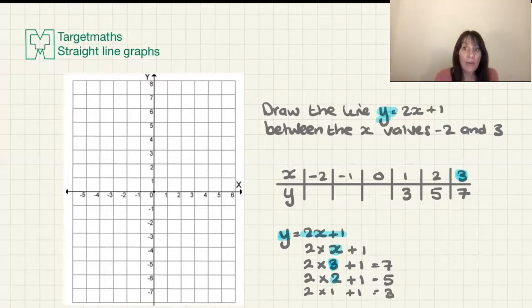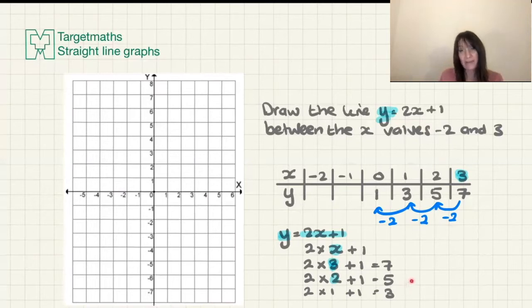And I can keep going like that, or because it's a straight line, I can spot a pattern. I can see that to get from 7 to 5, I need to take away 2. And to get from 5 to 3, I take away 2. So if I keep this pattern going, I can find the rest of the numbers without having to do all this work here.